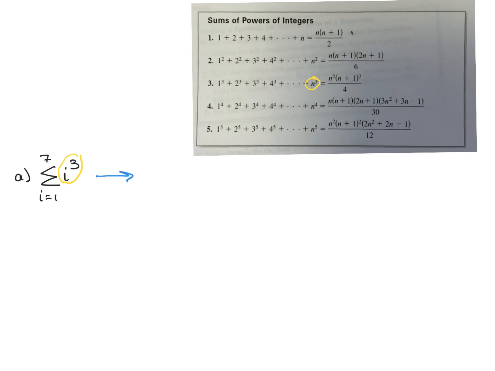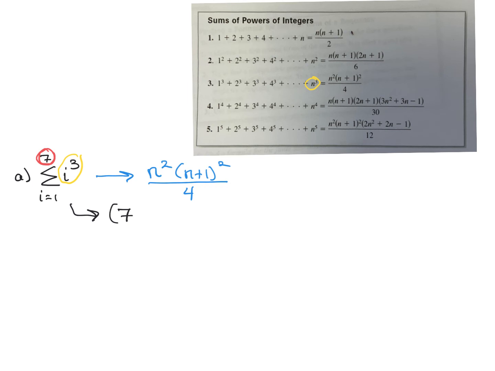So if you have a single term cubed, the sum comes out to be n squared times n plus 1 squared all over 4. The n is the ending term right here, the 7. So all we're doing is if I want to find the sum, instead of listing every term out and adding it up, I just plug in the 7.